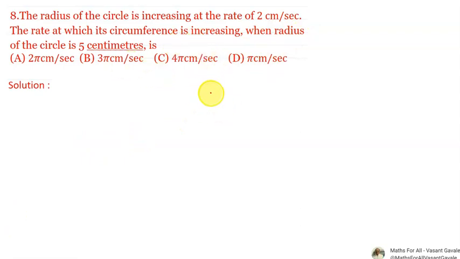Now here we have been given dr upon dt, which equals 2 centimeter per second, and we want to find the rate at which the circumference is increasing. The circumference of the circle is C equals 2 pi r. Now differentiate this with respect to t.